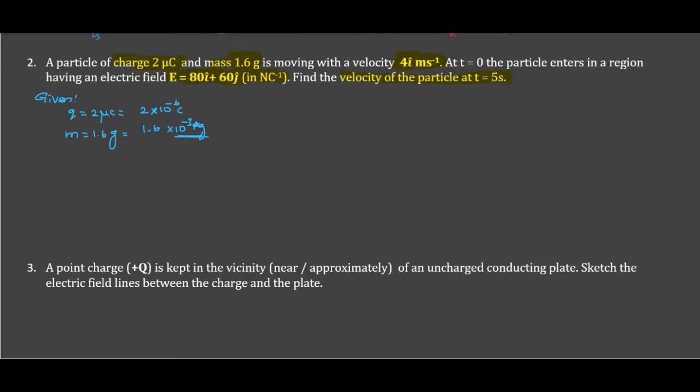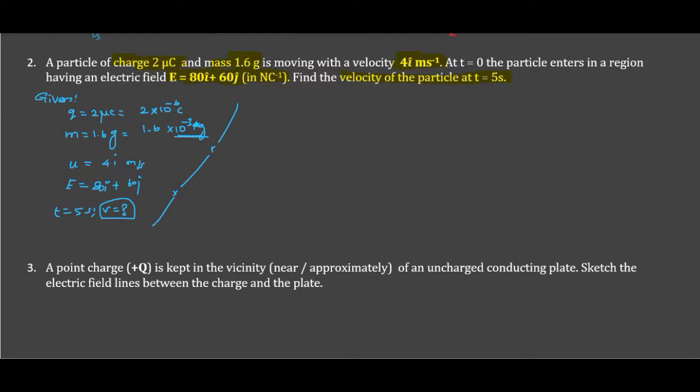Next, the initial velocity at t equal to 0 is 4i meter per second. Another given is the electric field E equal to 80i plus 60j. Clear? At time equal to 5 seconds.